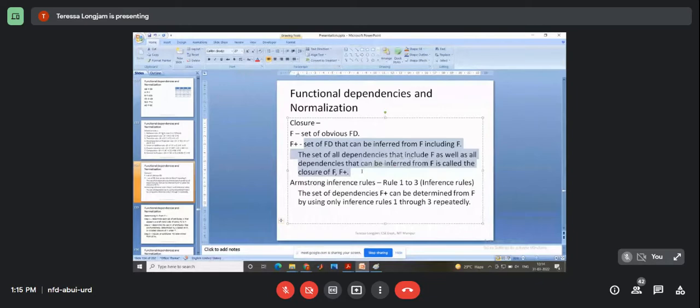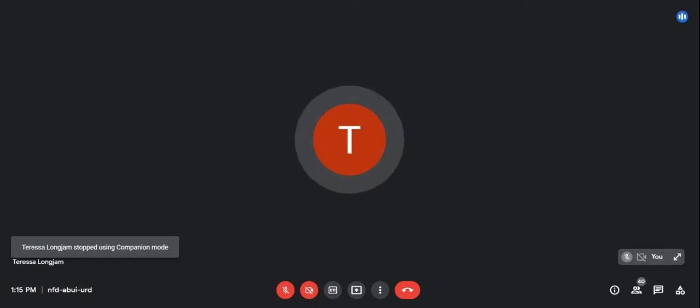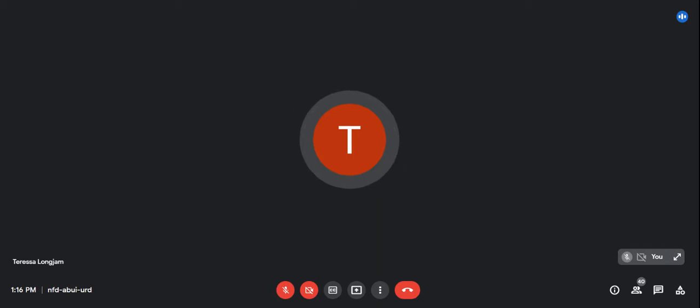Here you can see the set of functional dependencies F plus can be determined from F by using only inference rules 1 through 3 repeatedly. Why? Because 1 through 3 are the Armstrong inference rules, and I already told you these are the only necessary rules.